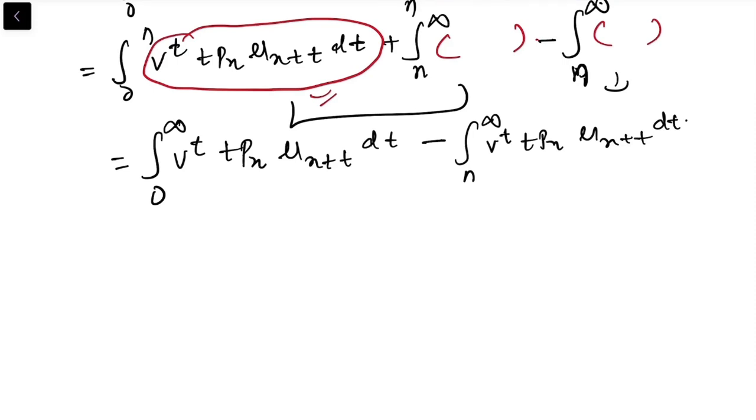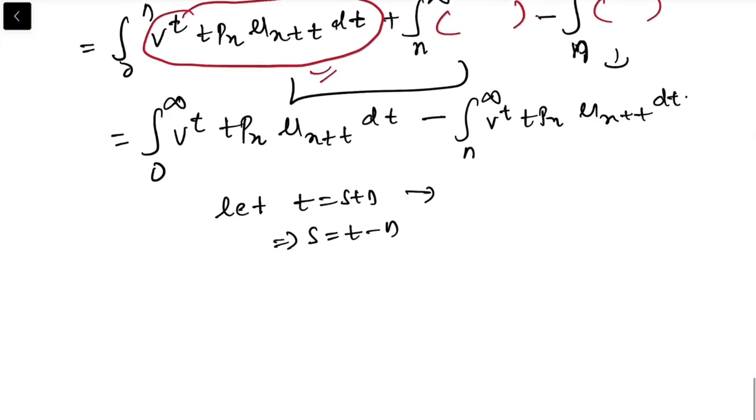Now here we'll use substitution. Let t equal s plus n. So from here s is t minus n, and if we differentiate, ds equals dt. And this term is nothing but A bar x.